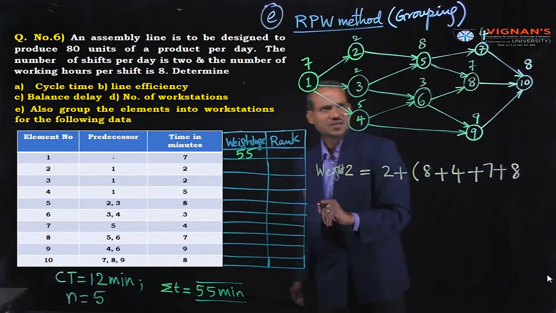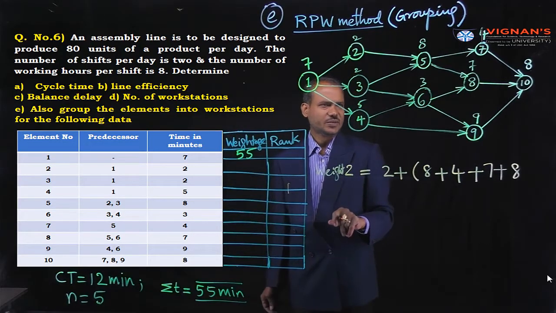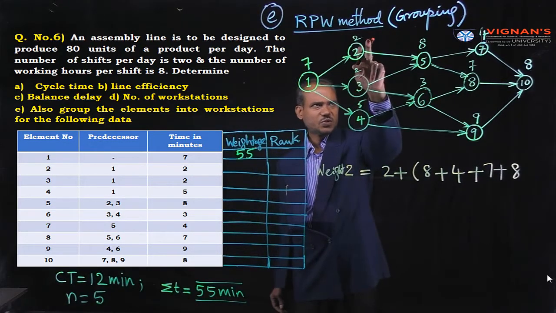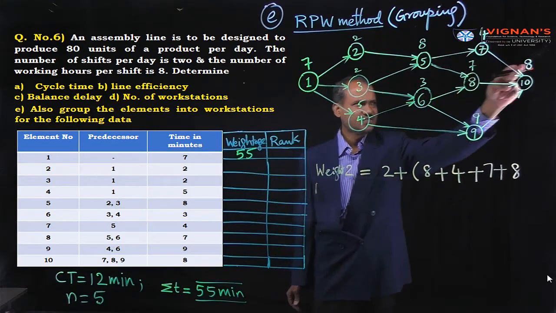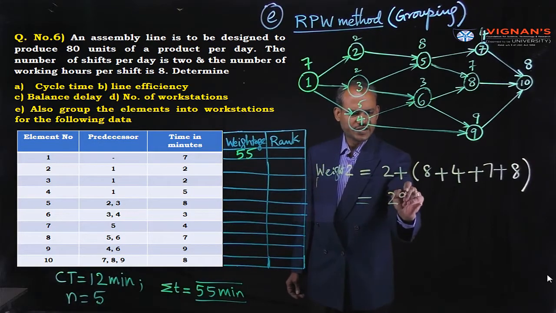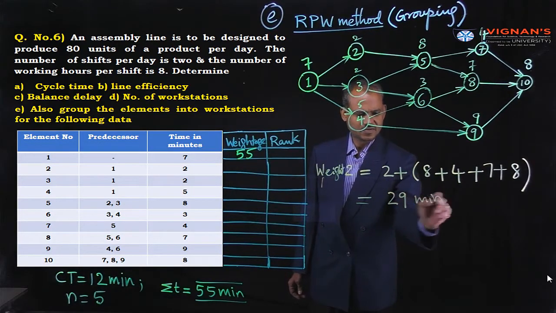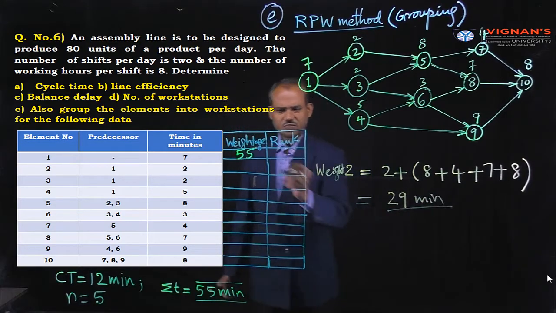So the weight of element 2 is 2 plus 8 plus 4 plus 7 plus 8. That's all. It becomes 29 minutes. Then mark 29.